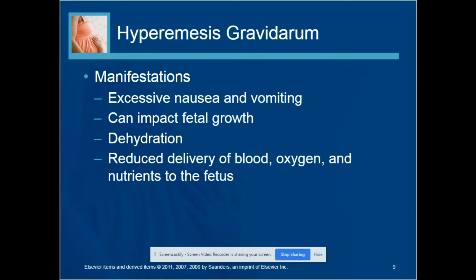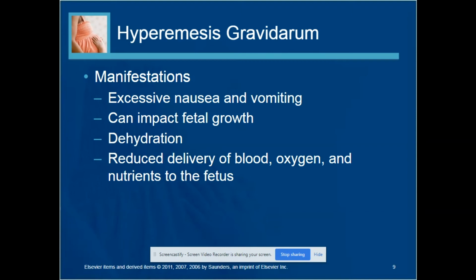It is manifested by, so these are the signs and symptoms of excessive nausea and vomiting. It can impact the fetal growth. So if the mother isn't able to maintain any food, then the baby's not going to grow well. It can cause dehydration and reduced delivery of blood, oxygen, and nutrients to the fetus through the placenta.